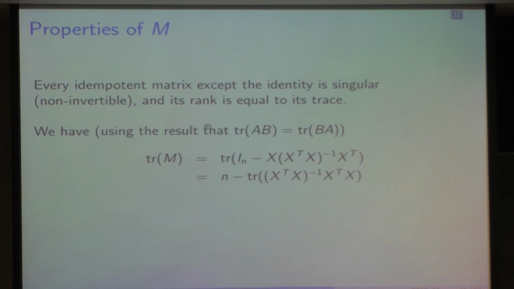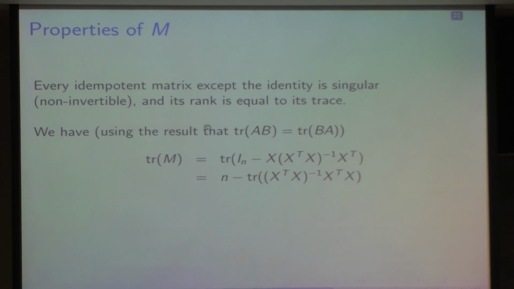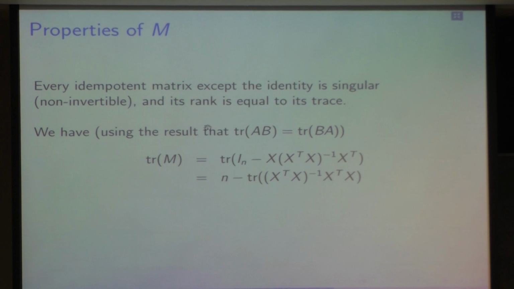Now, x transpose x inverse times x transpose x is, of course, the identity matrix. However, it's not the n-dimensional identity matrix, because of the order that we've got this and the shape of x transpose x. So x transpose x is actually a p by p matrix.